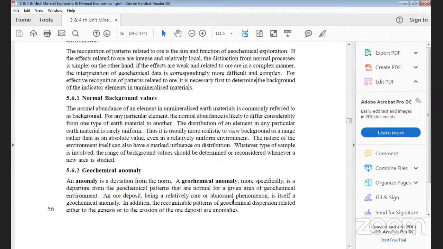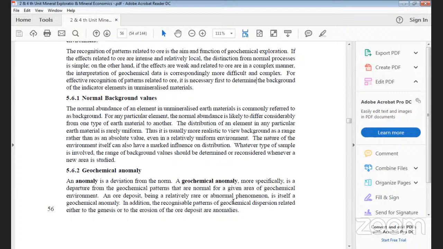These normal background values are useful to find out where the threshold values are and where the anomaly zones are. The normal abundance value of any element in unmineralized earth material is commonly what we call the background. For example, uranium in soils is about 1 ppm in an average composition.